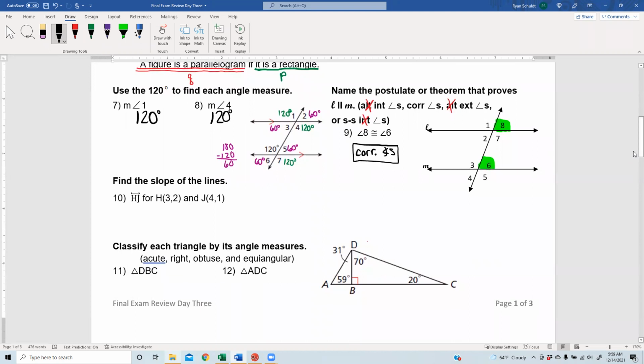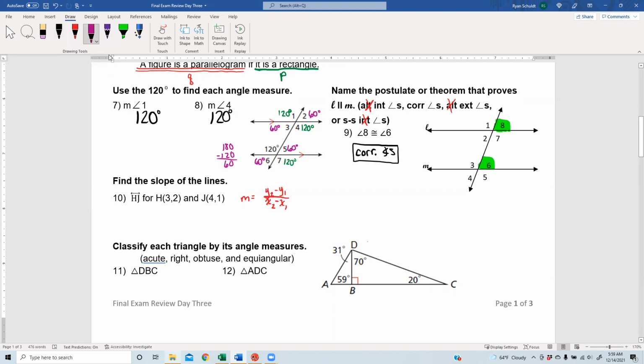Number 10, find the slope of the line HJ, for H is 3, 2, J is 4, 1. Our formula for slope is y2 minus y1 over x2 minus x1.